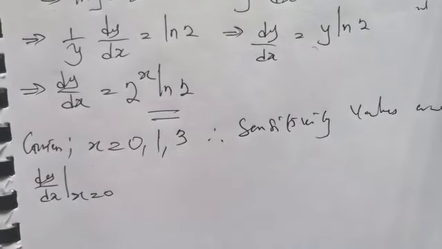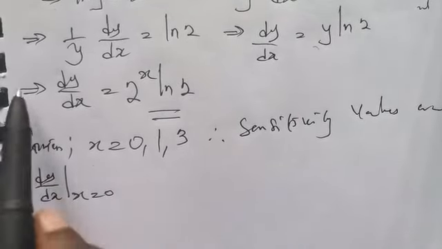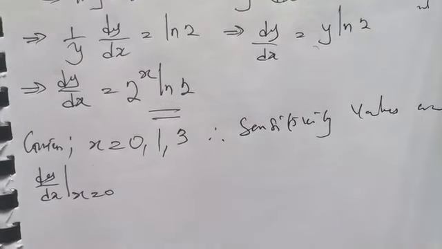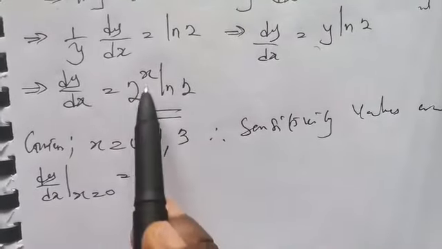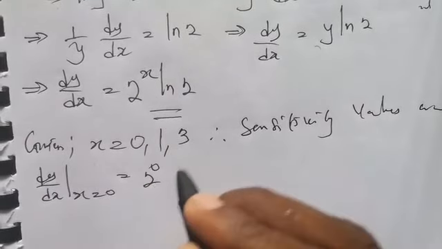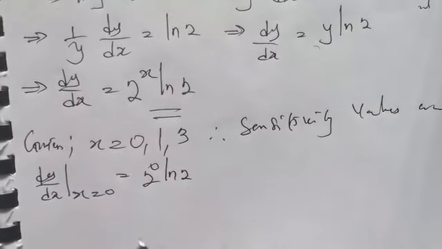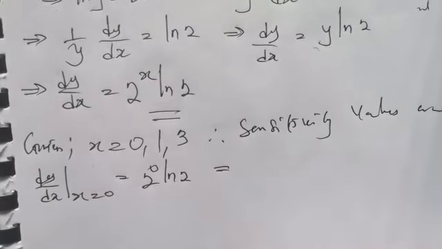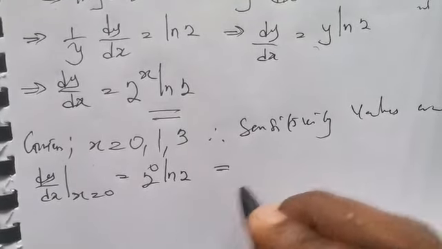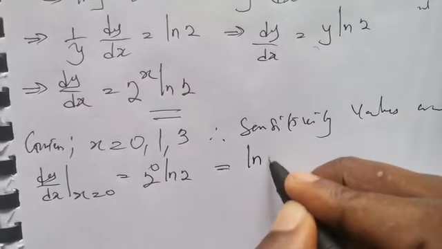That simply means wherever you see x in the equation of the first degree derivative, put in the value as 0. This is going to be equal to 2 to the power of x, and x is 0, multiplied by ln 2. And 2 to the power of 0 is obviously 1. So the first sensitivity value is 1 times ln 2, which remains ln 2.